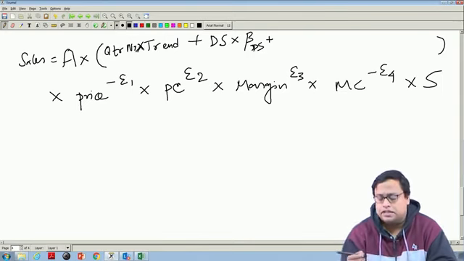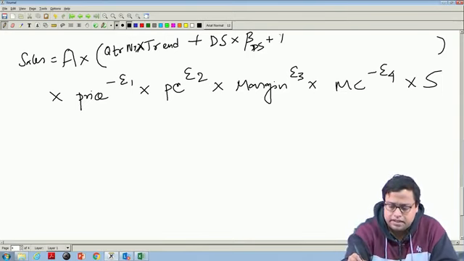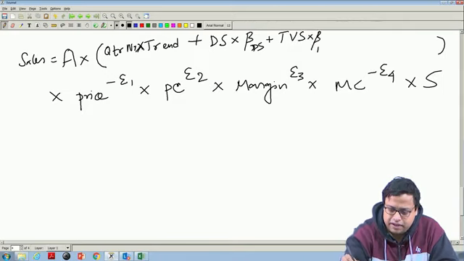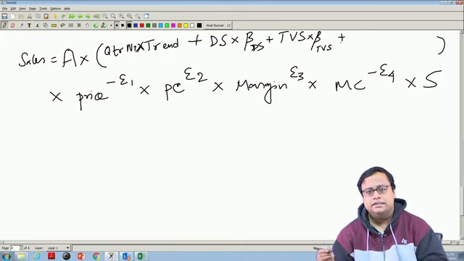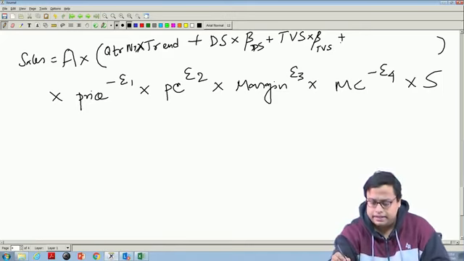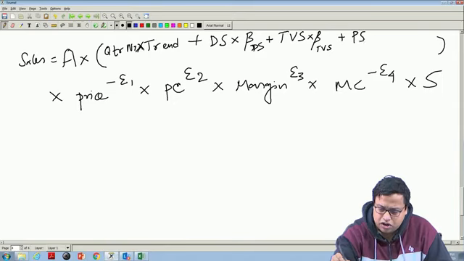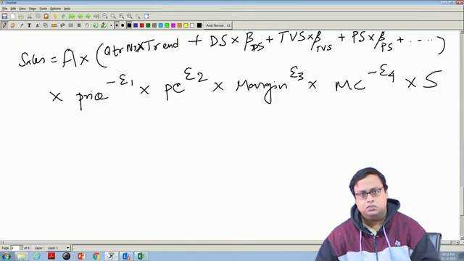Okay. Then it was TV stock into beta TVS plus, then it was print. So, print stock into beta PS and so on, the other two.